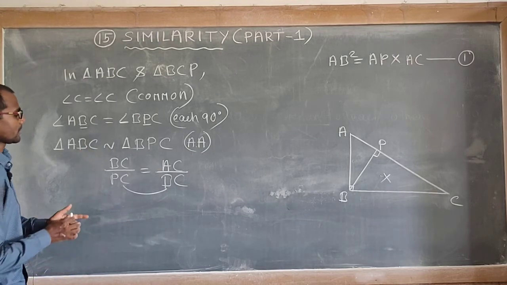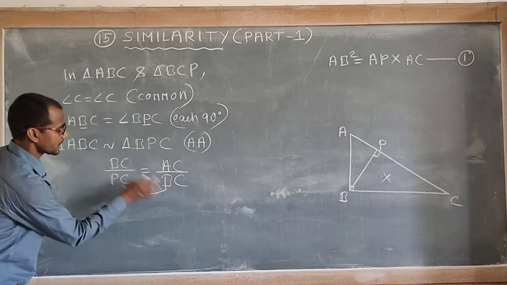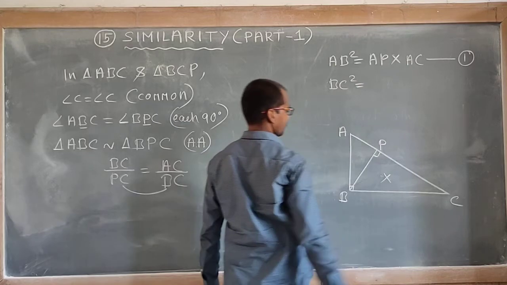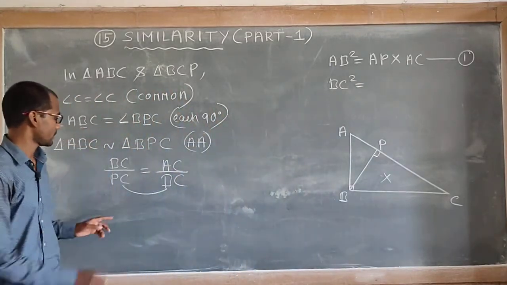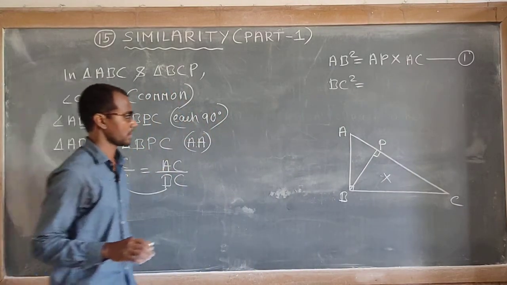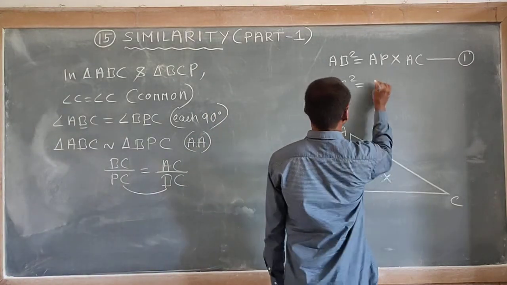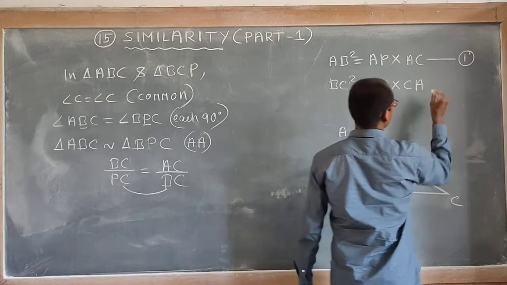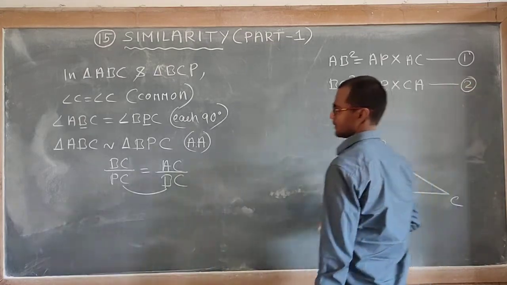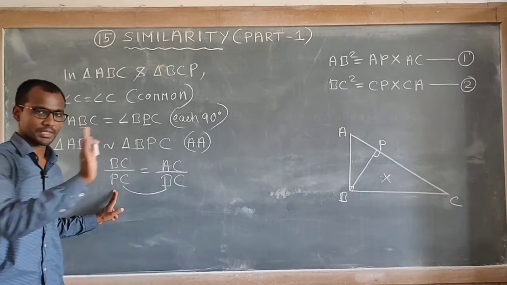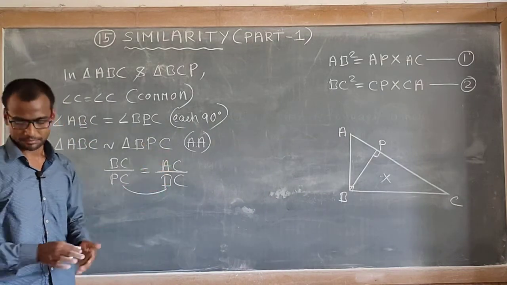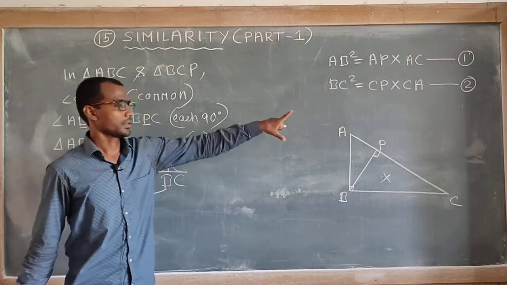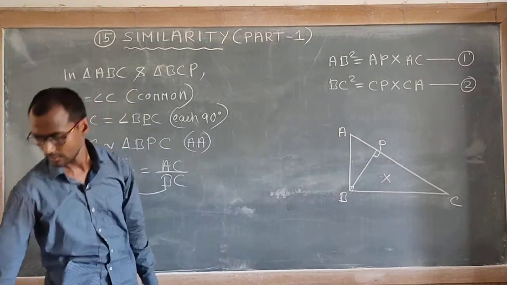So cross multiply, you will get BC square is equal to PC into AC, or CP into CA. Same thing. PC, CP same, AC, CA same. To be able to remember, I am using CP into CA.